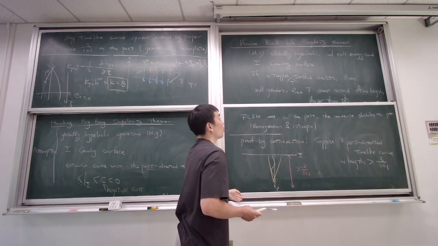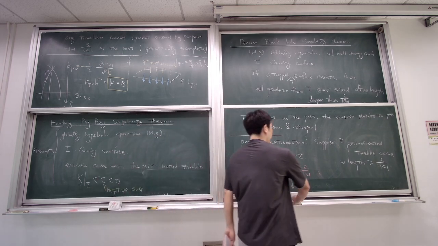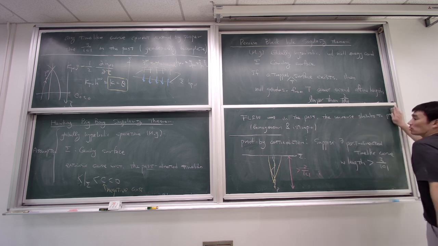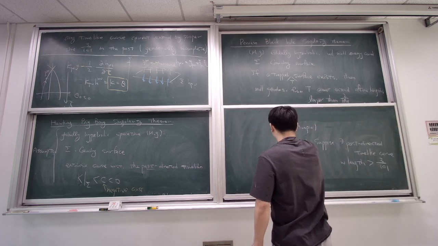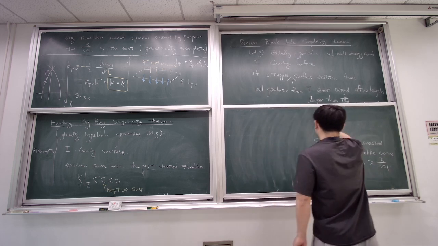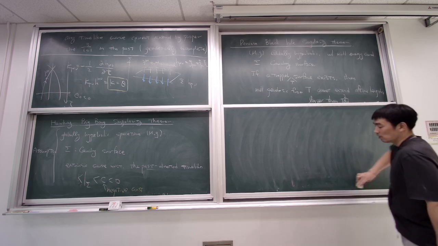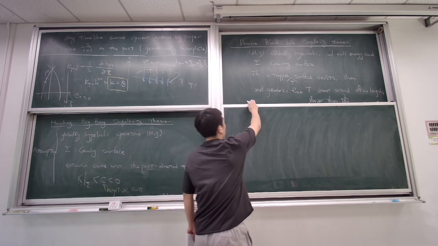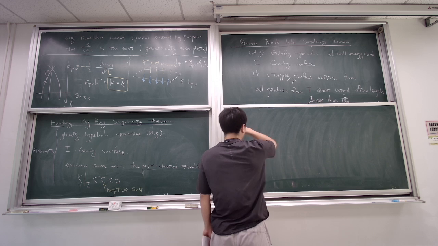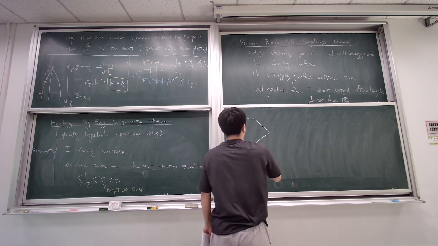So first of all, what is a trapped surface? A trapped surface is a surface of which... Let's see.